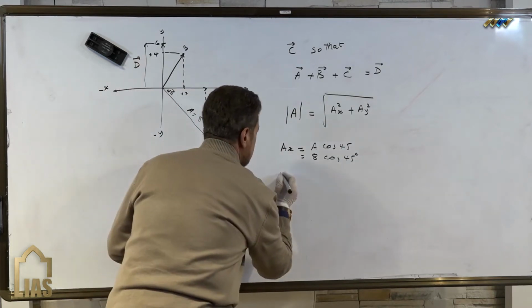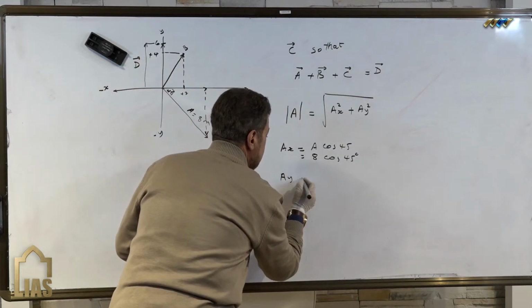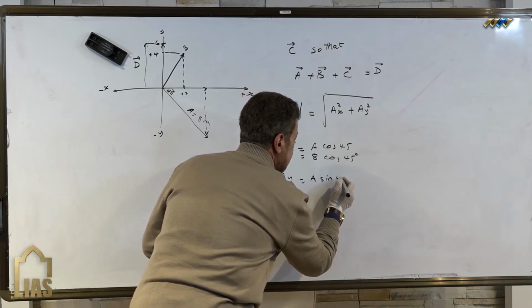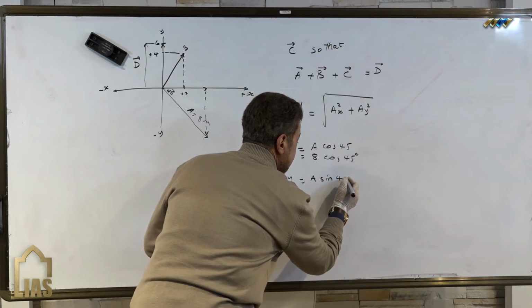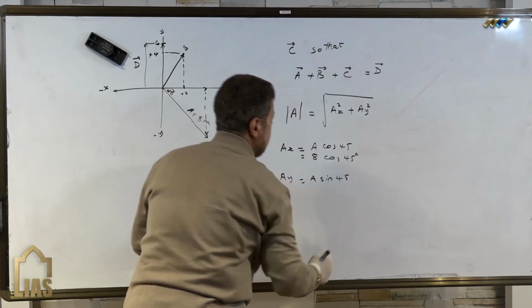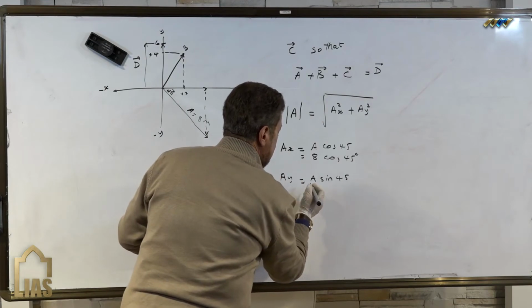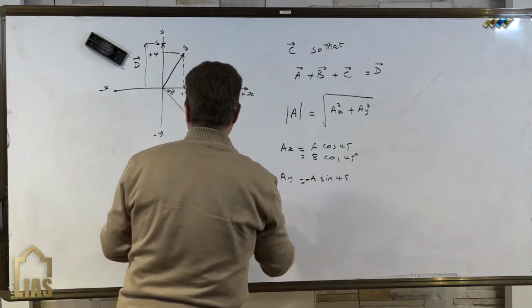AY is A sine 45, okay, in the negative direction, because this is here.